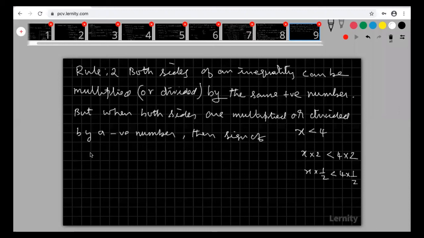Why, sir? I will tell you. The sign of the inequality is reversed.